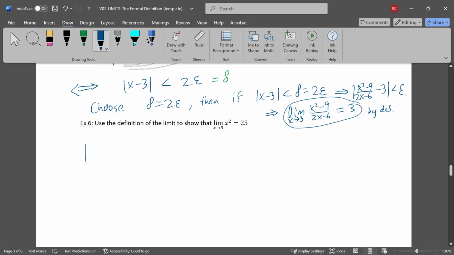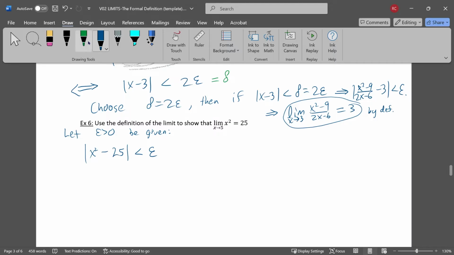So we start out by letting epsilon greater than 0 be given. And now we look at the absolute value of f of x minus L, x squared minus 25, less than epsilon. Well, how am I going to work with this?